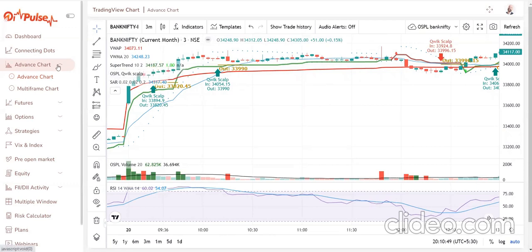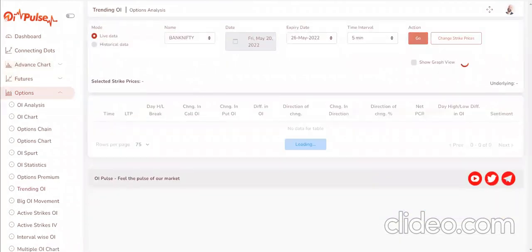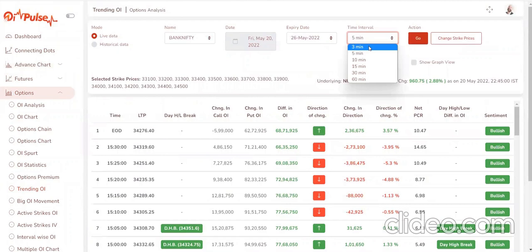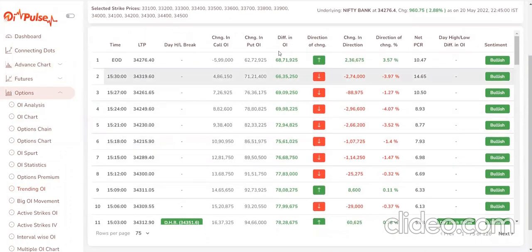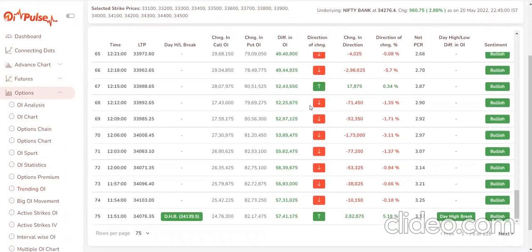And the best thing is where I post the charts. Just a minute. This one. It was showing from the morning itself that the markets are bullish.